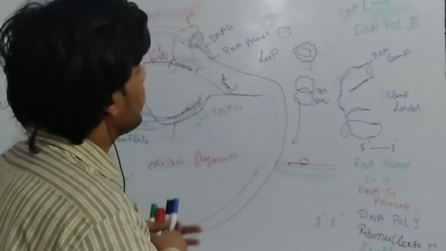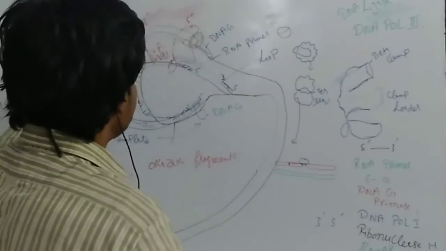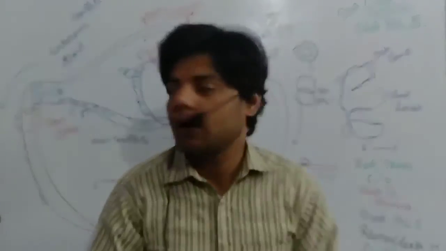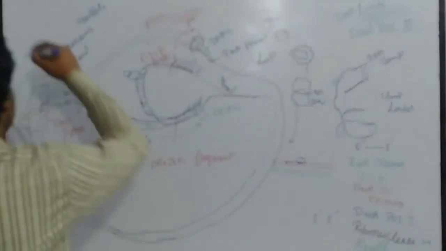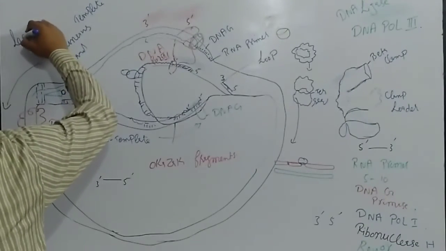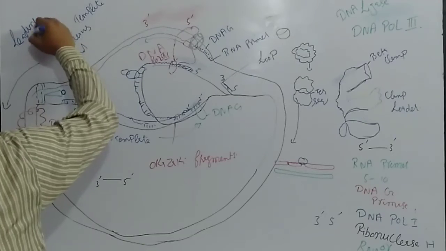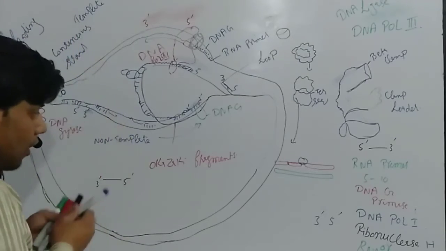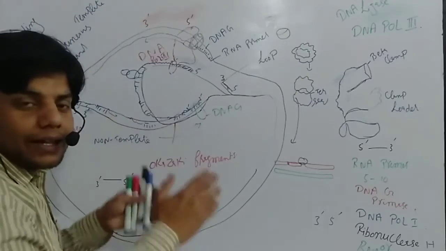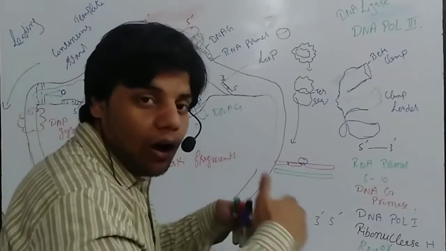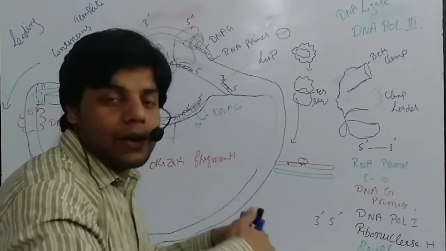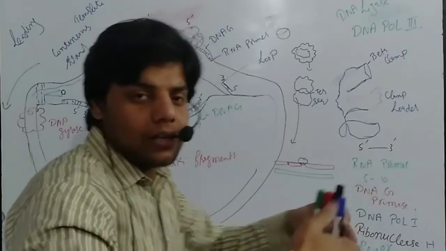Okay, so remember, this upper strand can synthesize without any problem, and that's why we call it the continuous strand. We also call it the leading strand. While the lower strand is synthesized in segment form. One segment is synthesized, then another segment, and then another segment.